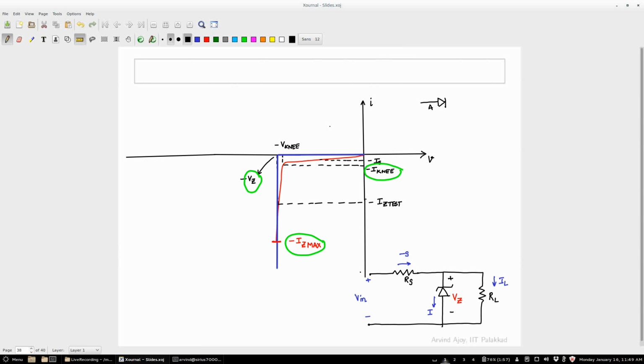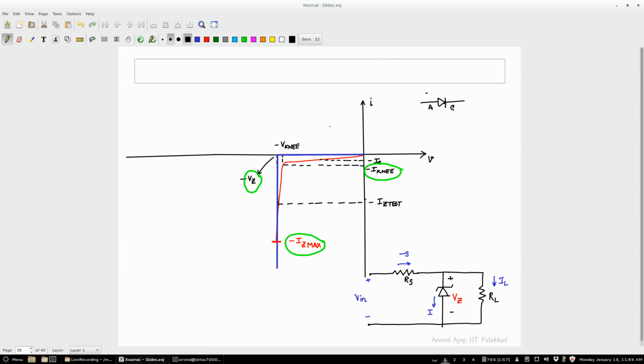Do you think the quiescent point will appear for this circuit? I want to draw the load line. All of you are familiar with load lines, right? We did a lot of it last semester. So, where do you think the load line will appear? Will it be in the first quadrant or third quadrant? Well, I have drawn it suggestively. Third quadrant. Why is that?